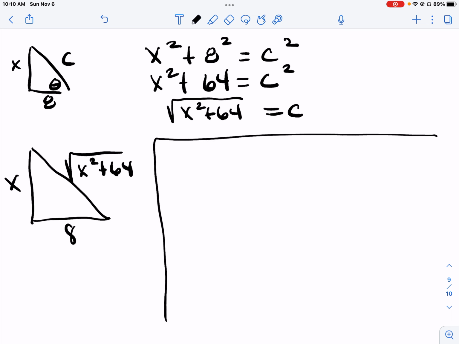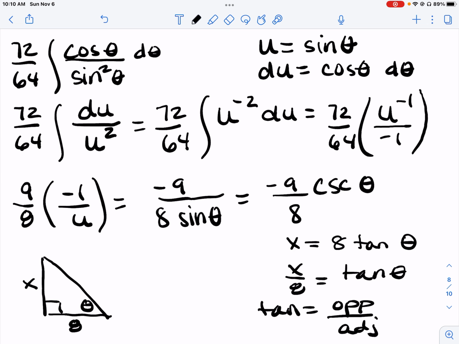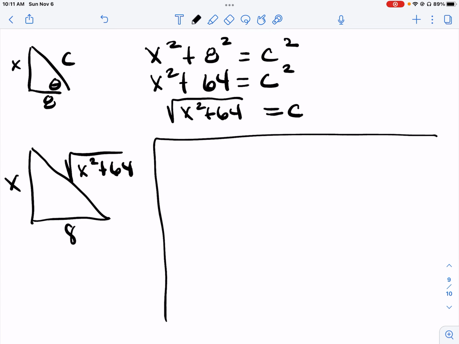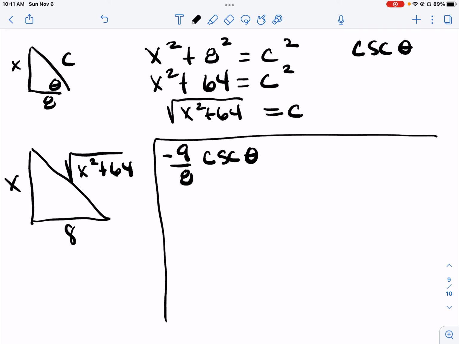Okay. Now let's go back. This is our integral, but we need to change it back to x. So negative 9 over 8 cosecant of theta. Cosecant is the flip of the sine, so it's hypotenuse over opposite.